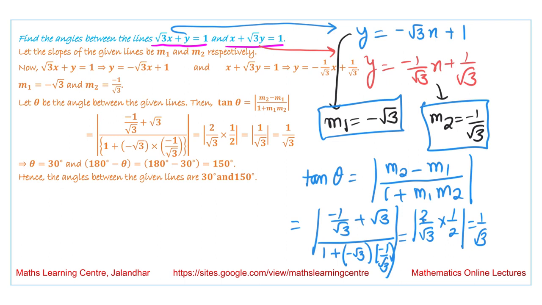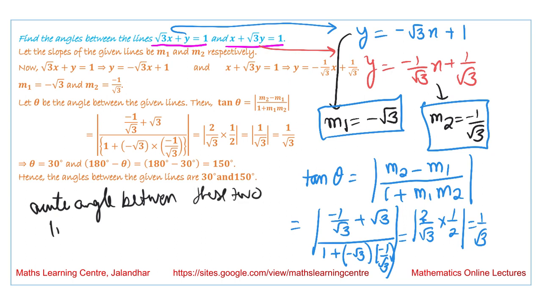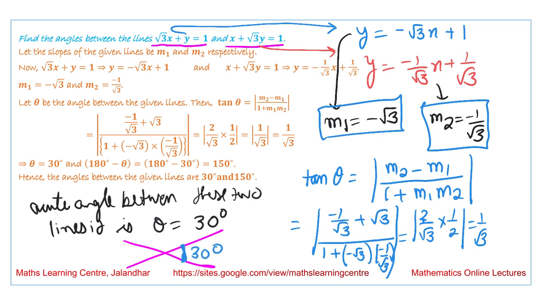So the acute angle between these two lines is theta equal to 30 degree. Why are we saying so? If these are the two lines intersecting, the acute angle that they form is 30 degree, and hence the obtuse angle they will form will be 150 degree. So if we write the answer in this form, that the acute angle is 30 degree, then the other angle is automatically 150 degree.